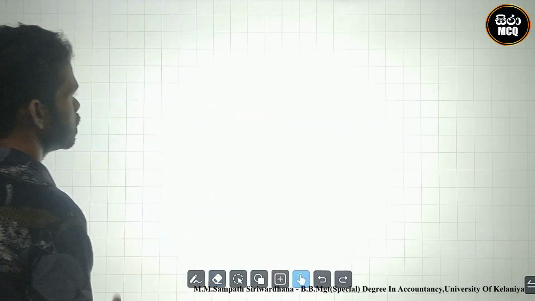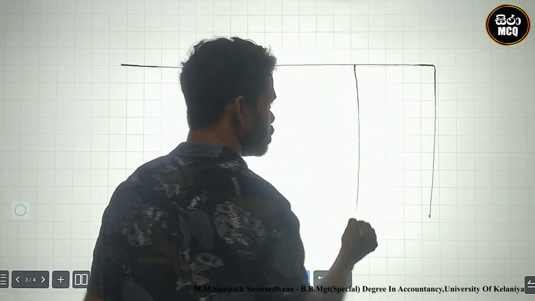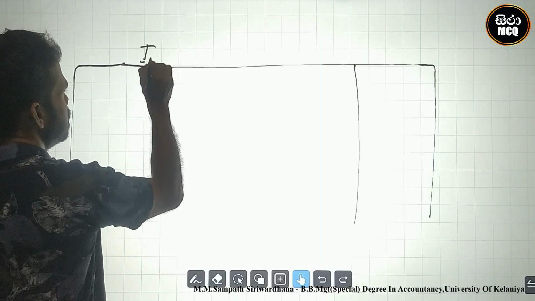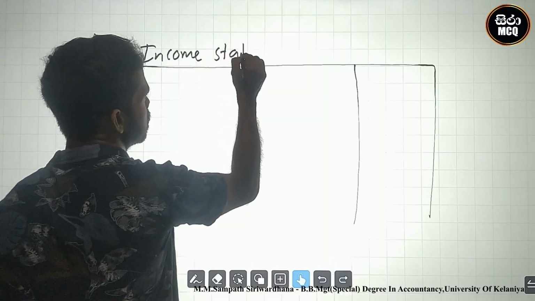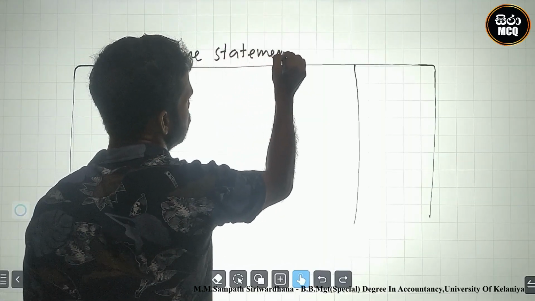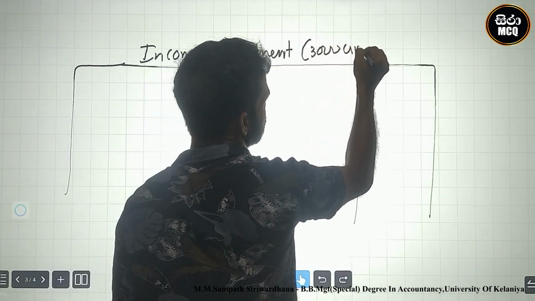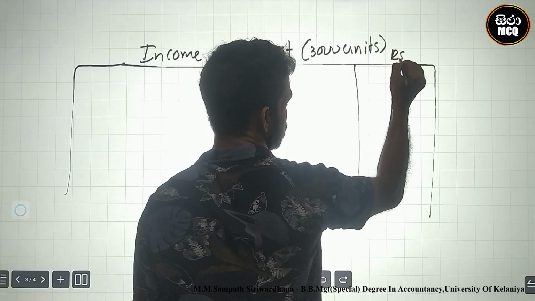Use the income statement for the 3000 units level. Okay, this is the income statement for 3000 units. This is in rupees.